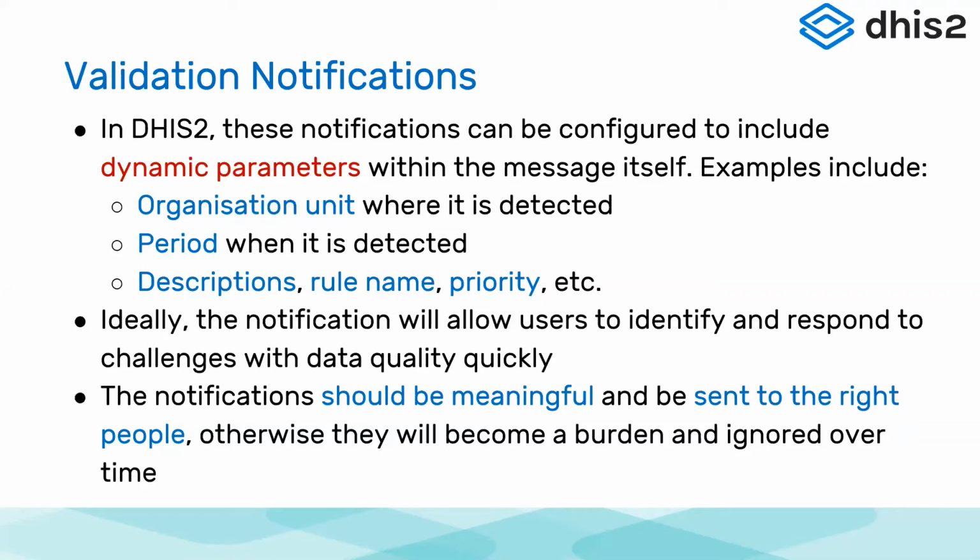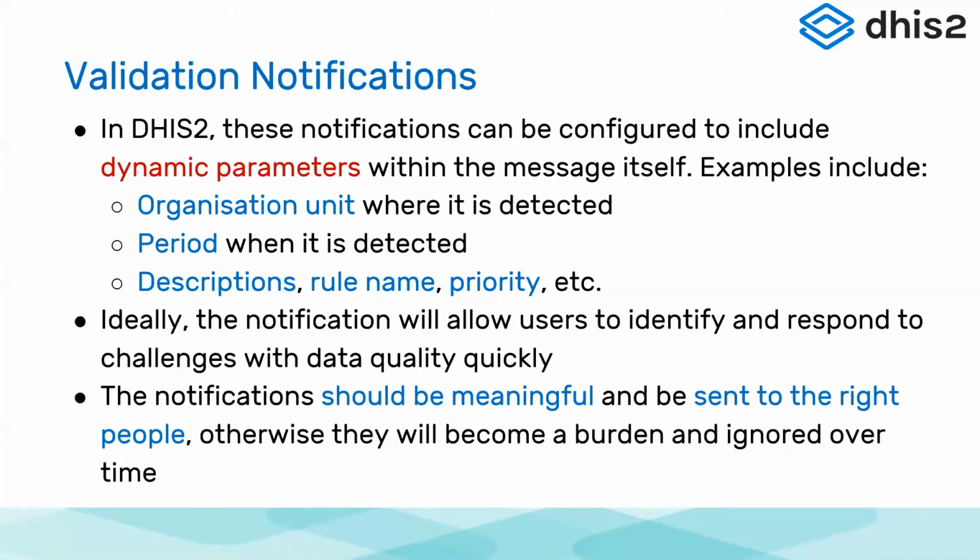So your validation rule notifications may be filled with thousands of notifications, which is an undoable task for any user to go through. So what will happen? The user may neglect this: this is too much, so I can't do it.